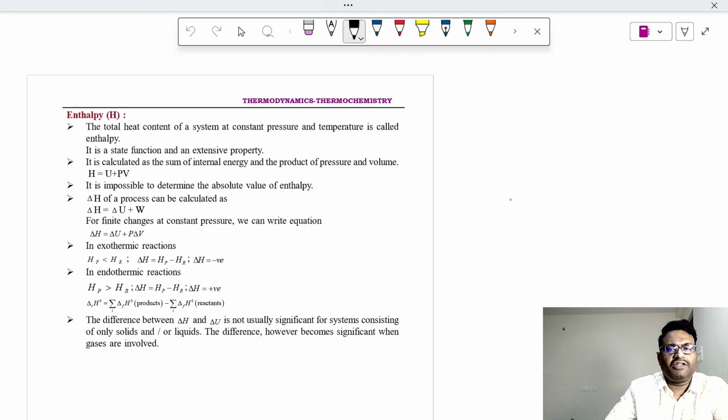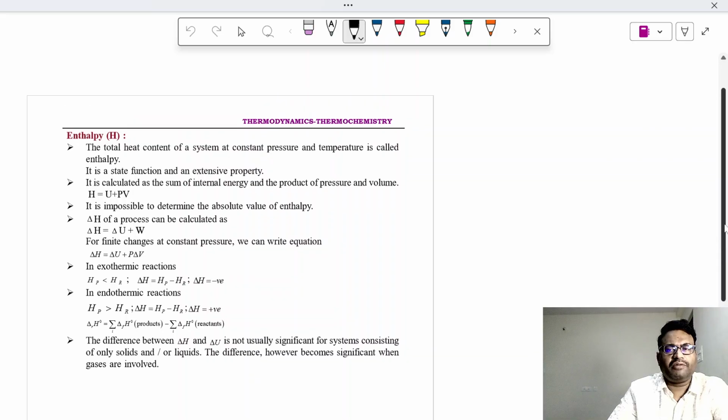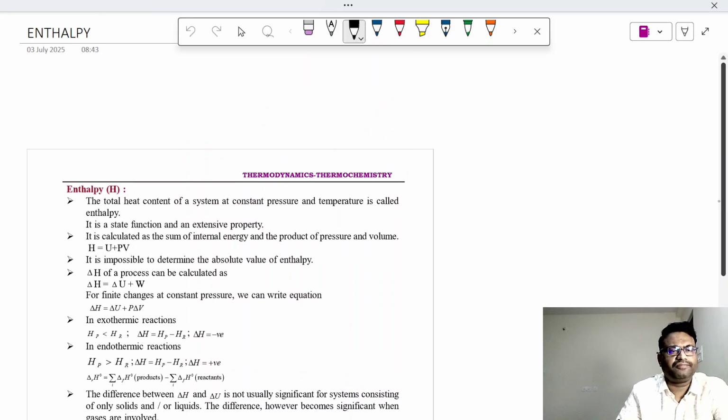So, today in this session, we are speaking about enthalpy. What is meant by enthalpy? Enthalpy is the total heat content of a system at constant pressure and temperature.